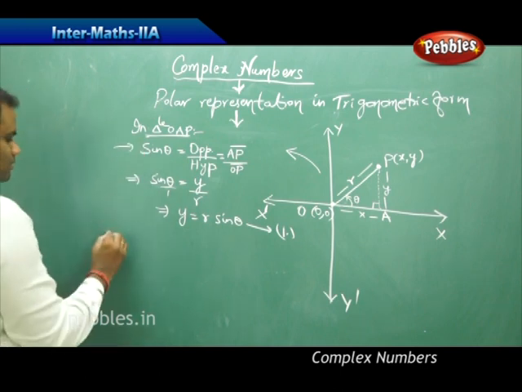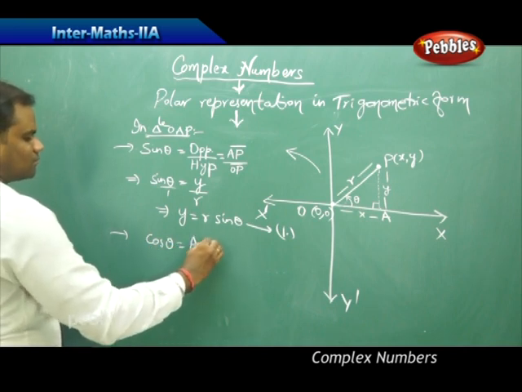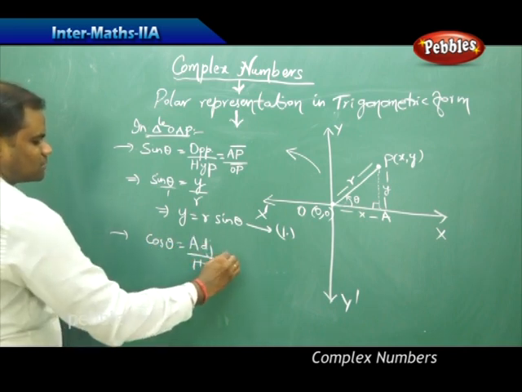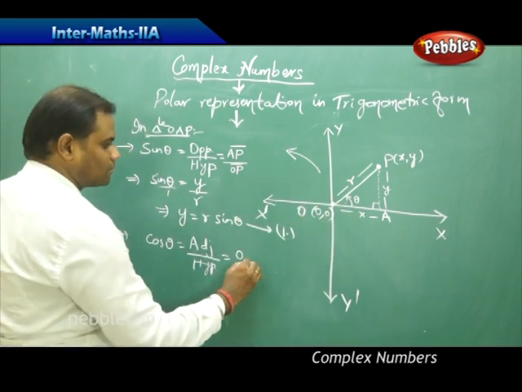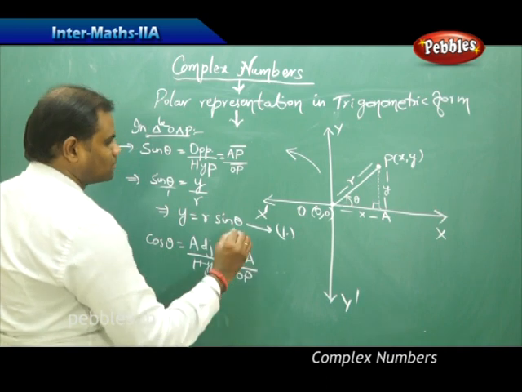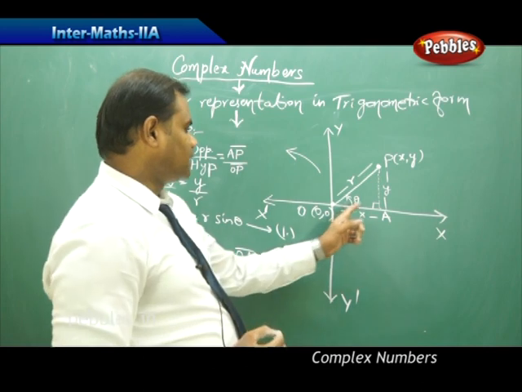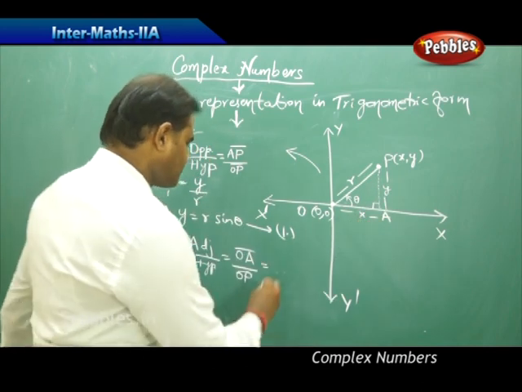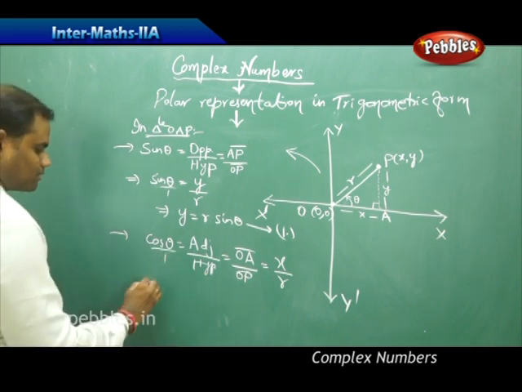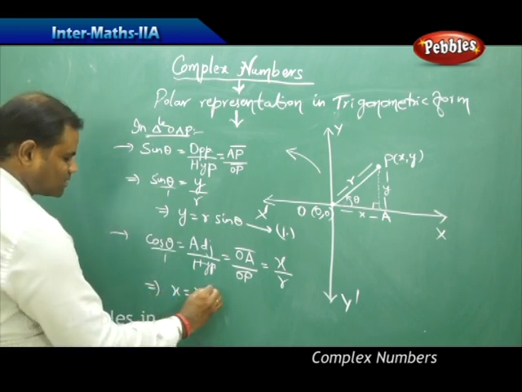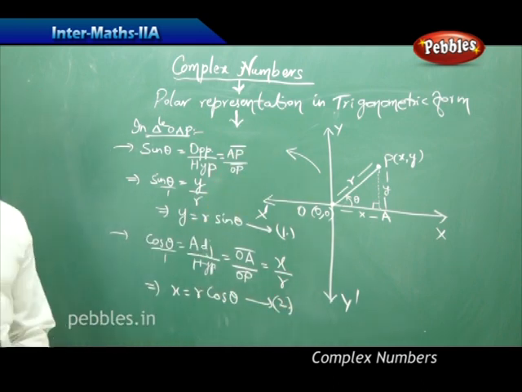Similarly, cos theta is adjacent by hypotenuse, which is OA by OP. Therefore, on substitution, OA is x and OP is r, which on cross multiplication gives me x equals r cos theta, which I take as equation 2.